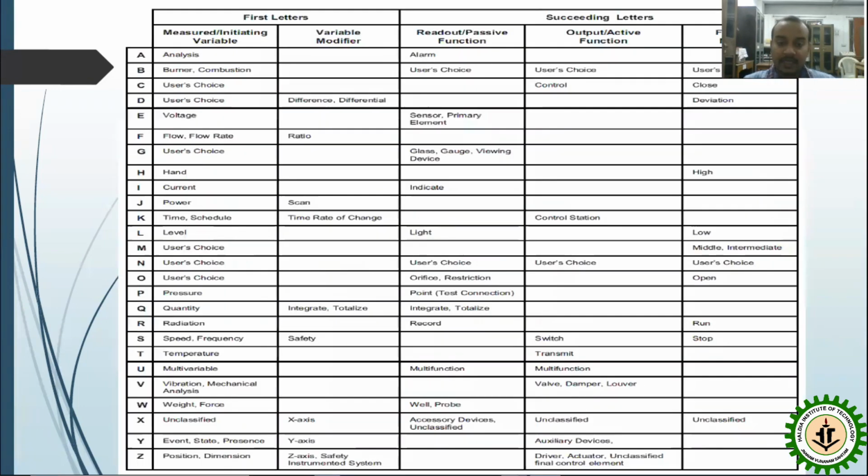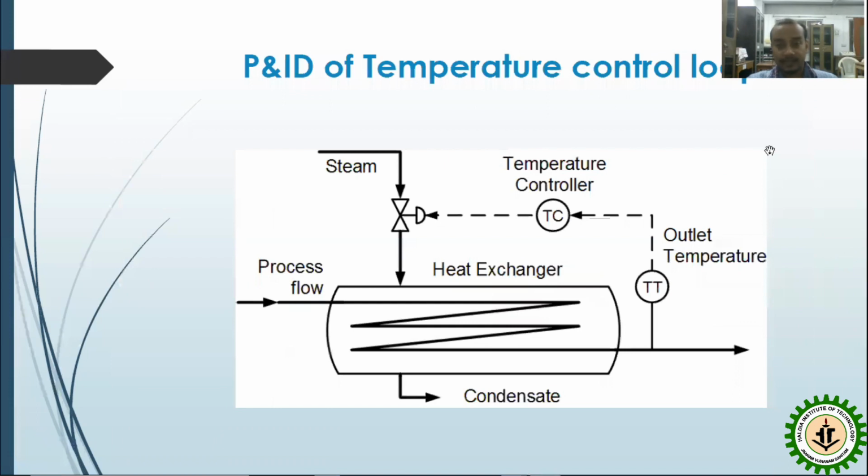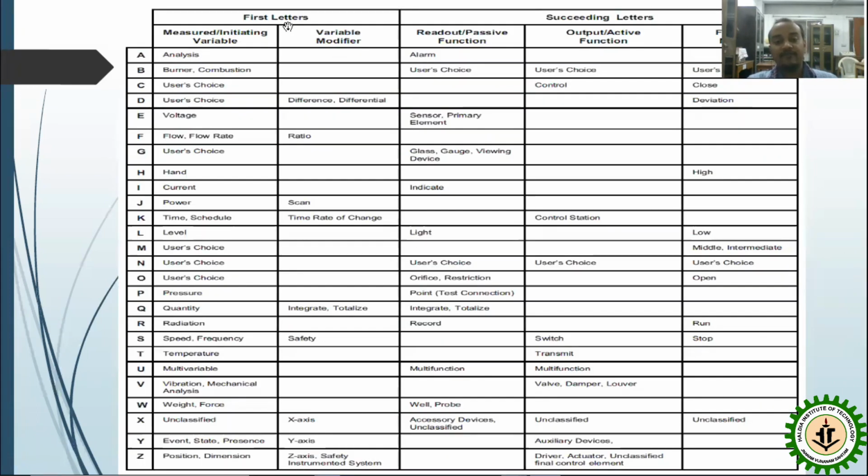If I go to the next slide, here you can see we have a table through which we can get all the information. That means here we have a first letter and succeeding letters, and it will go in alphabetical order from A to Z. We already talked about TIC, and we try to identify the meaning of this TIC. So come to T first.